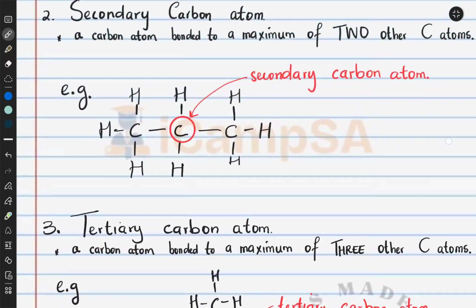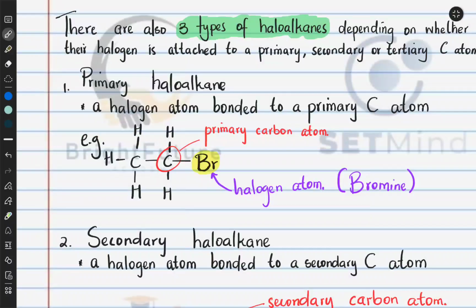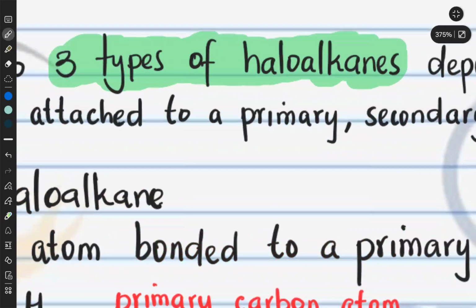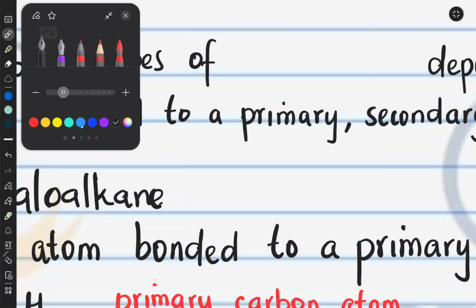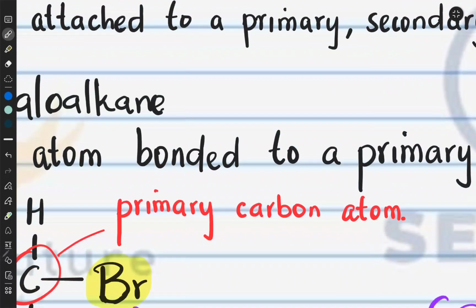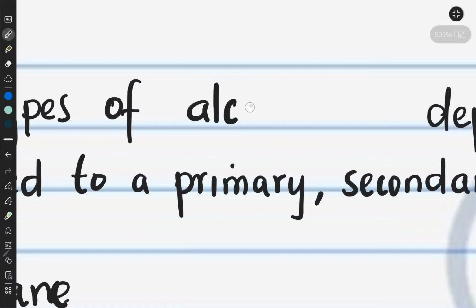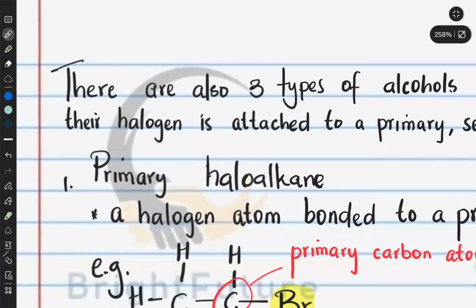And then we said in the case of haloalkanes, remember, this gives rise to a primary haloalkane where the substituent or the halogen atom is attached to the primary carbon atom. So now, since we are talking about alcohols, I wanted to show you that the rule is the same. The only thing that's changing is that now, instead of a halogen atom being attached to a primary, a secondary, or a tertiary carbon atom, it'll instead be a hydroxyl group because we are dealing with alcohols now, right?